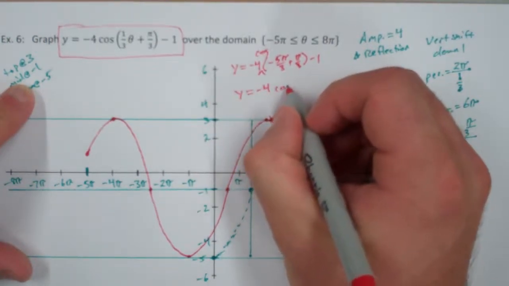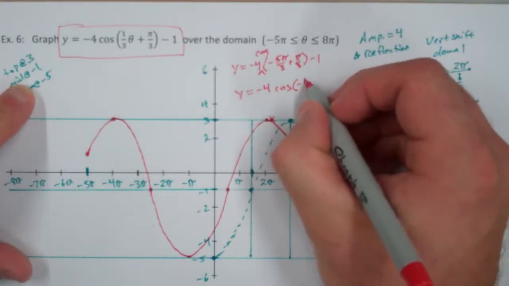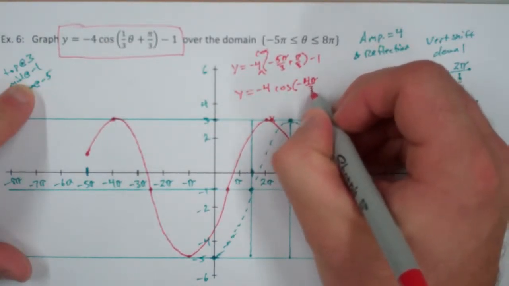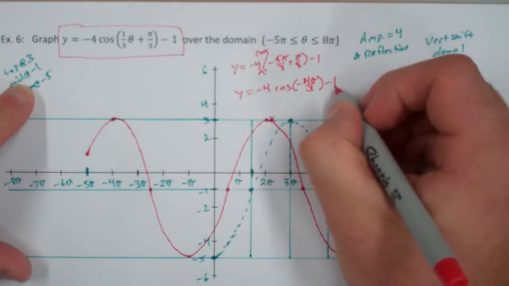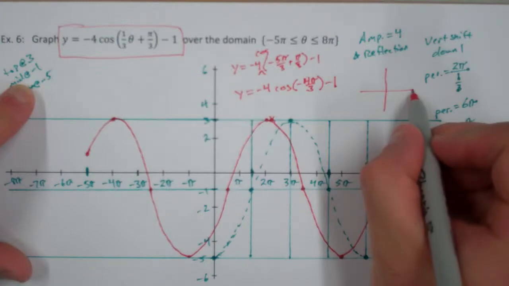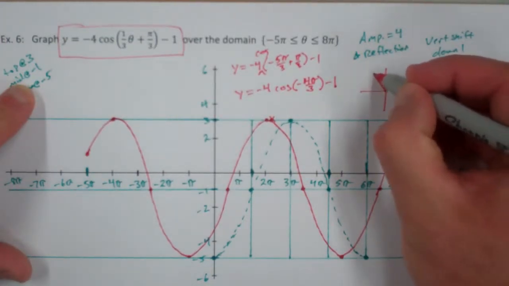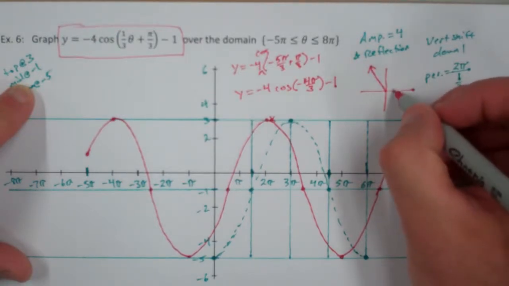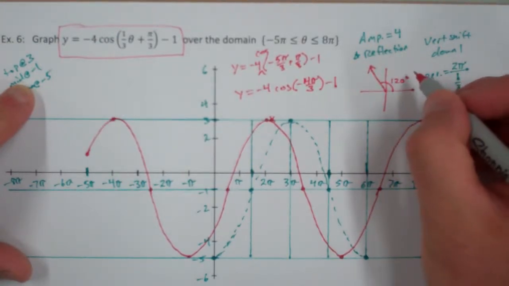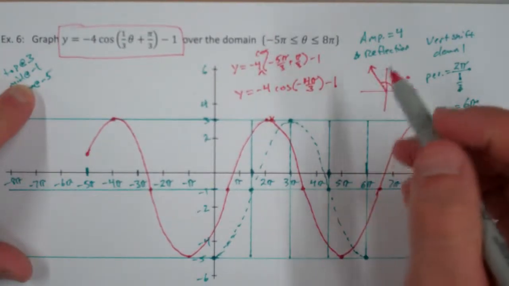Now we've got negative 4 cosine of, let's see, negative 4 pi over 3, and then minus 1. So let's draw ourselves a quick unit circle. Negative 4 pi over 3, I think, would be here. And I think this angle is 120 degrees, I'm pretty sure. But we can actually double check if we need to.